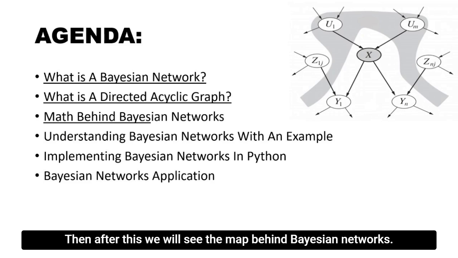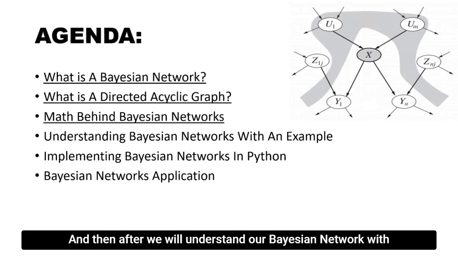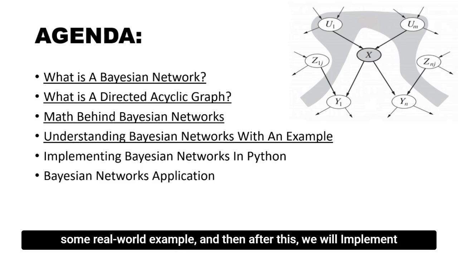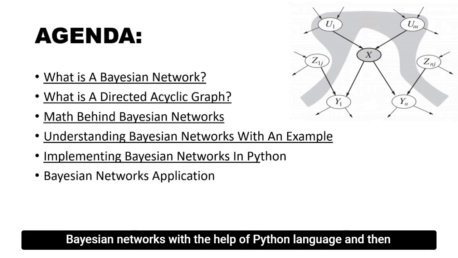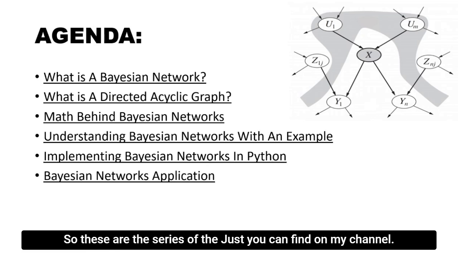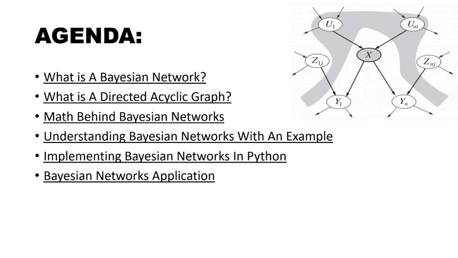Then we will see the math behind Bayesian networks, and then we will understand a Bayesian network with some real world example. After this we will implement Bayesian networks with the help of the Python language. And at the end of the series you can find one lecture on Bayesian network application. So these are the series of lectures you can find on my channel.